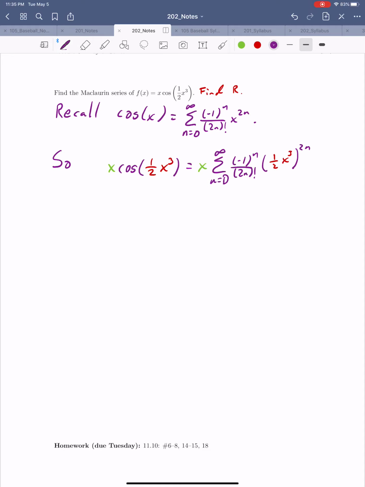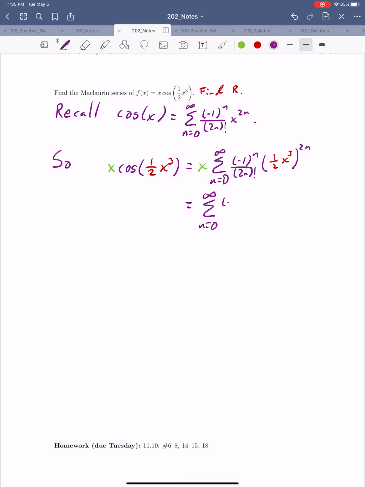And now all we're going to do is simplify stuff. Remember, what we're trying to do is get the coefficients isolated and get x to just a clean power without being in parentheses. So this just takes a little bit of algebraic manipulation, right? We're going to put x inside the summation and do the exponents out.